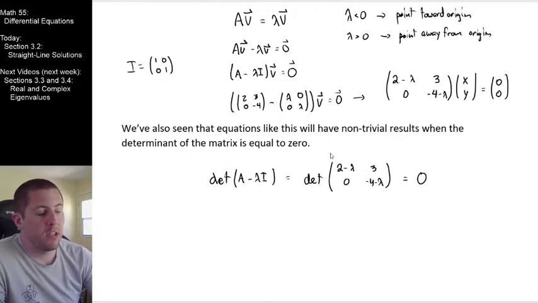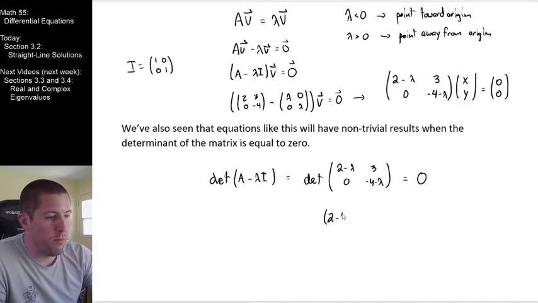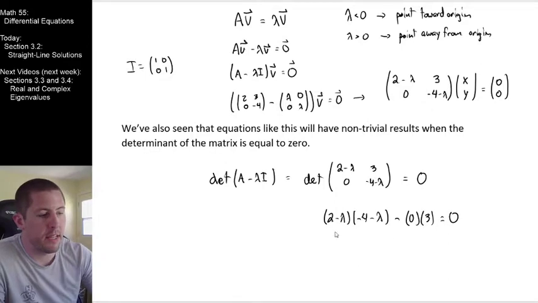Remember, to find our determinant, as I verbalize it in my head, it's the downs minus the ups. So my downs here look like 2 minus lambda times negative 4 minus lambda. That's the product of the down diagonals minus the product of the up diagonals. Well, that just went to 0, and I'm going to set that equal to 0.